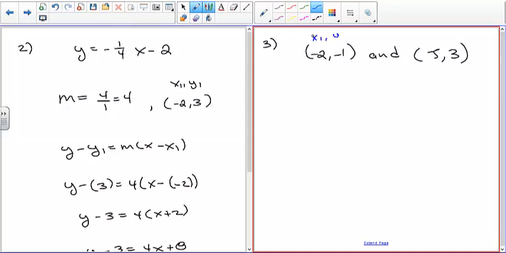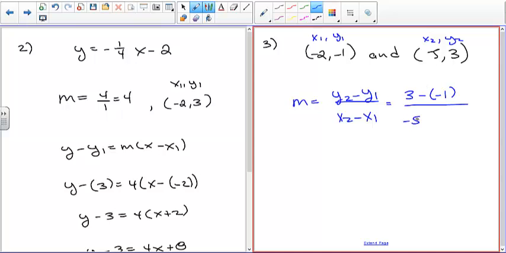A lot of the ones that didn't do this got it wrong, so I've written this out explicitly. When I calculate the slope, it's y2 minus y1 over x2 minus x1. So y2 is 3, y1 is negative 1, x2 is negative 5, minus x1, which is negative 2.